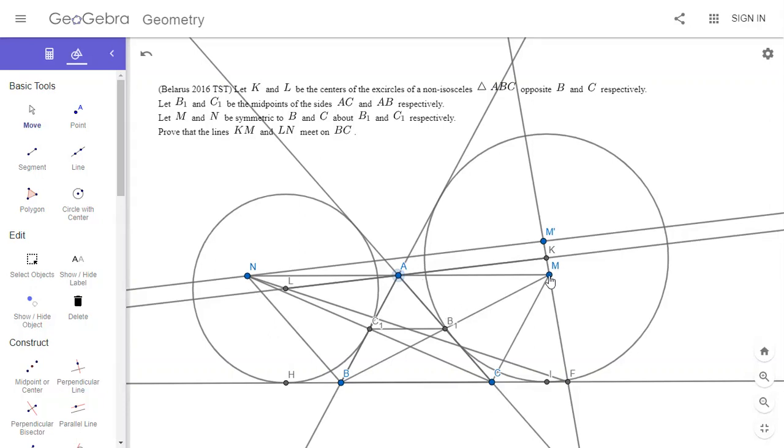Is it obvious that MKA is 90 degrees? I think that would solve the problem. Yeah, it looks like it shouldn't be hard to show that MKA is 90 degrees.